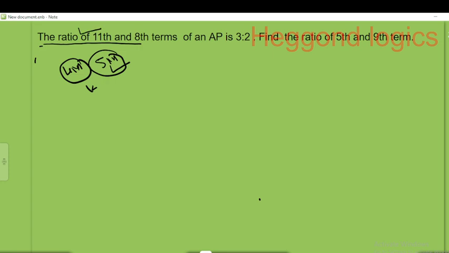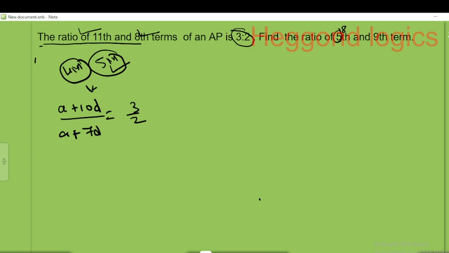The ratio of 11th term and 8th term will be given, that is 3:2. Here you have to take the 11th term, which means directly you can write a plus 10d, by a plus 7d for the 8th term, that is equal to 3/2.